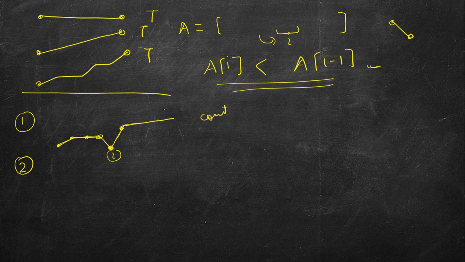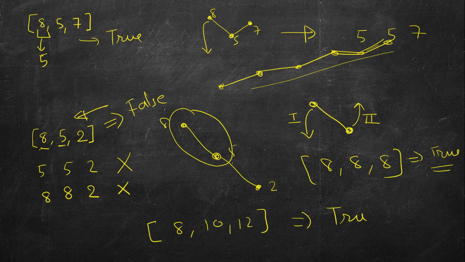At any point of time, if the count is more than 1, straight away we can return false, because we cannot correct two decreasing pairs by just one transformation. It can be decreasing like this, so there is no way. We saw this example. This is the simplest of examples where we have two decreasing pairs.